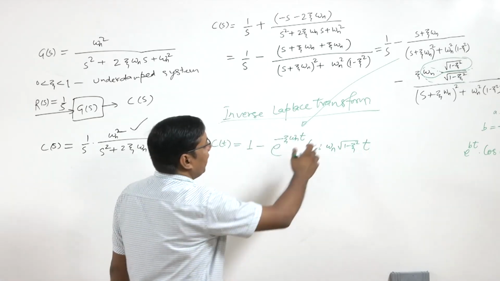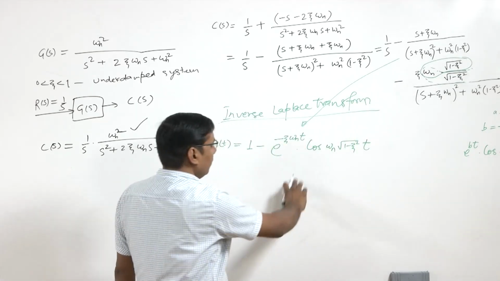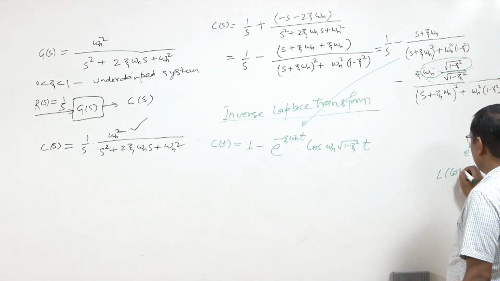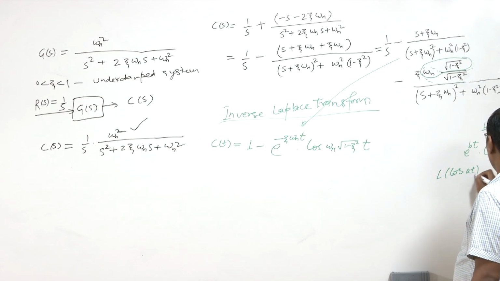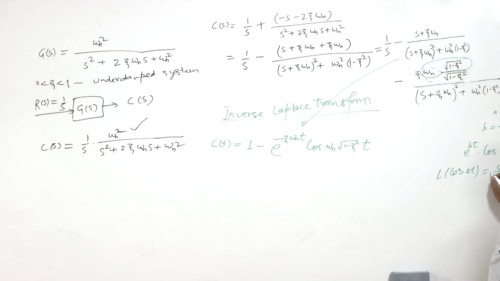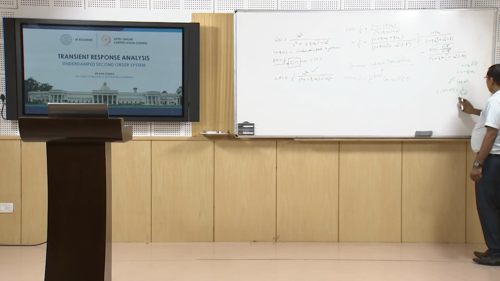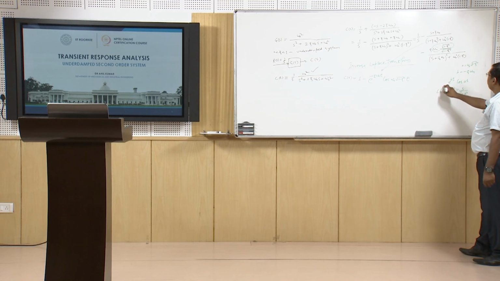So this is this part, because Laplace transform of cos a t equal to s upon s square plus a square, and if we say s minus b, it will be multiplied with e power bt.